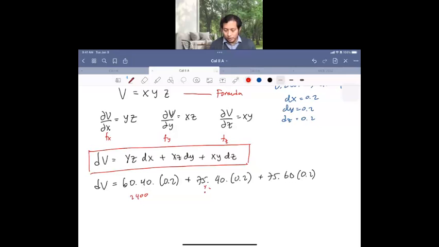This will be 3,000. This will be 4,500. And all will be multiplied with 0.2, 990 multiplied by 2 is 1980, so dV is 1980 centimeter cube.